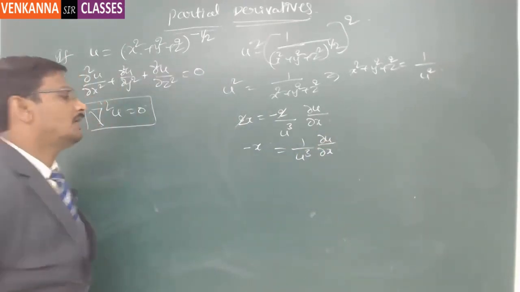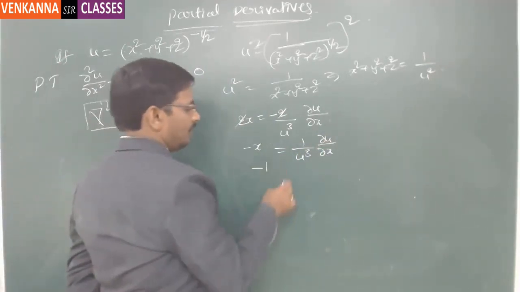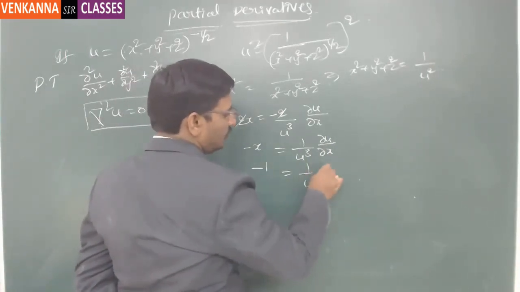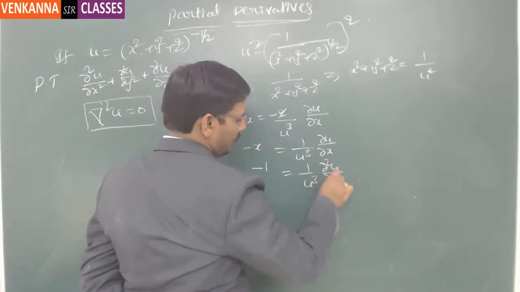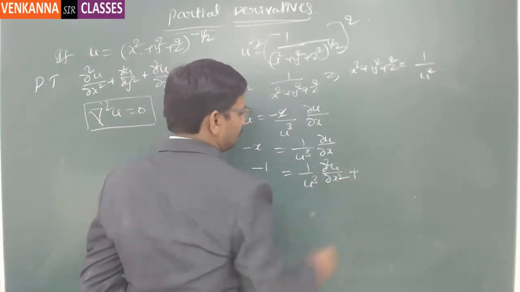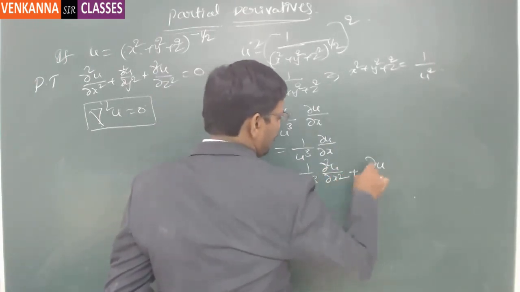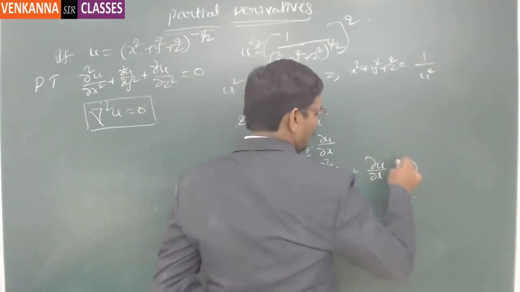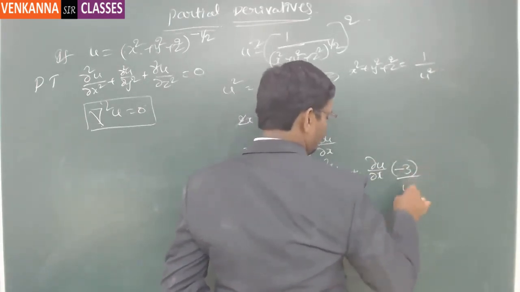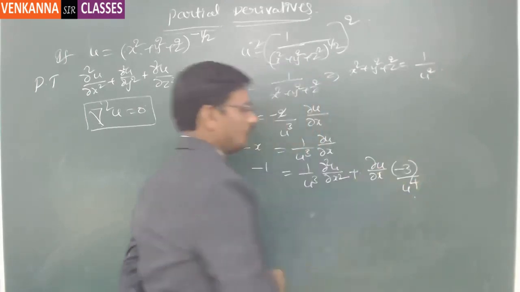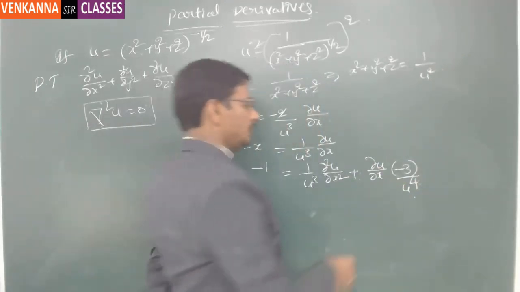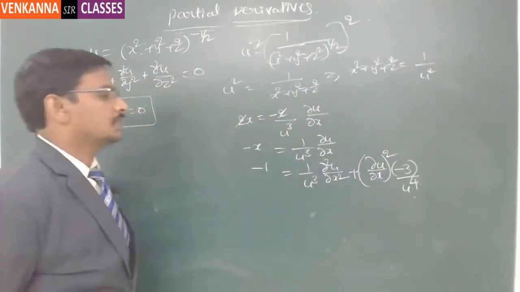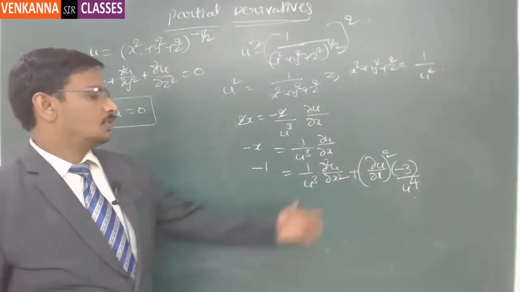Similarly, if you do the derivative again, this will be minus 1 is equal to 1 by u cube into dou square u by dou x square plus dou u by dou x into the derivative of 1 by u cube, which will be minus 3 by u power 4, into dou u by dou x. So this is dou square u by dou x square.